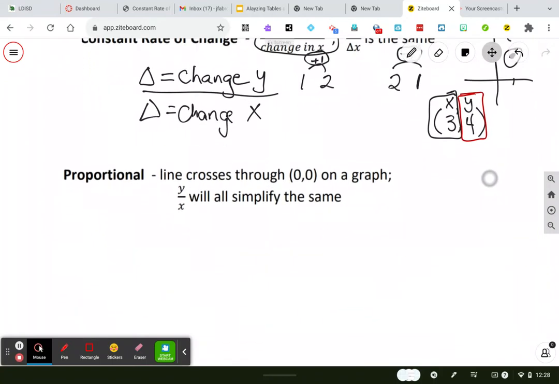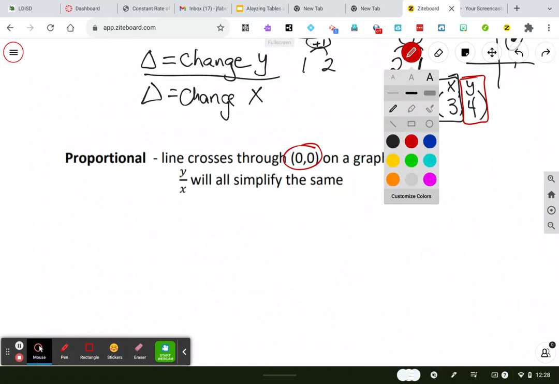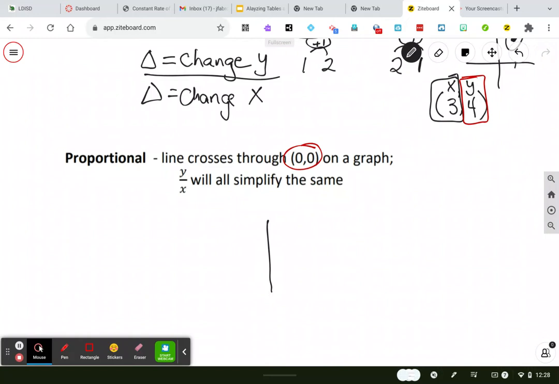All right. We're going to talk about what makes a line proportional, and what that means is that it crosses through 0, 0. So a simple way to look at that, and you're going to get more information as we go, here's your graph.